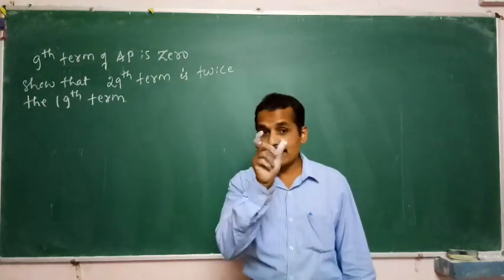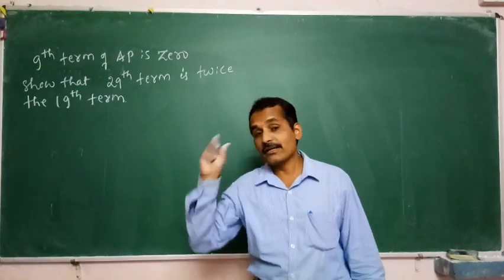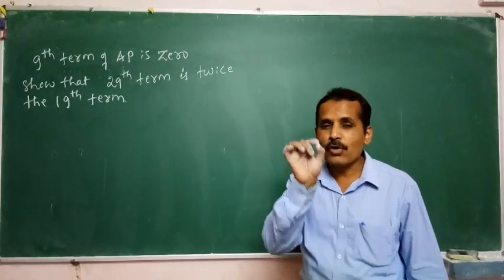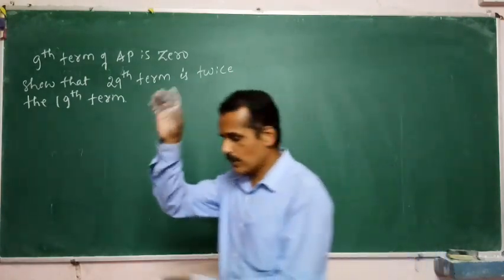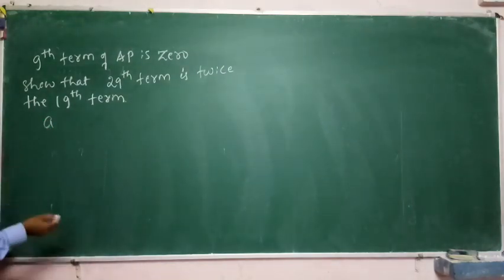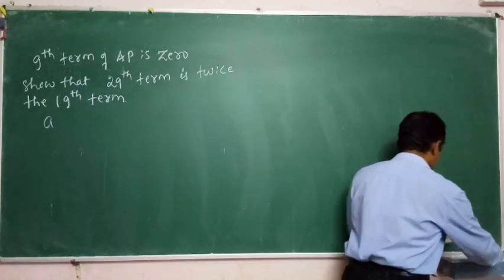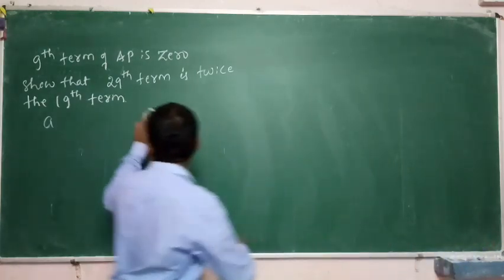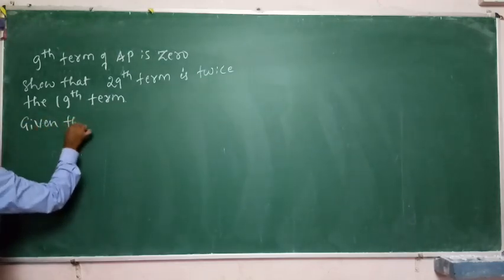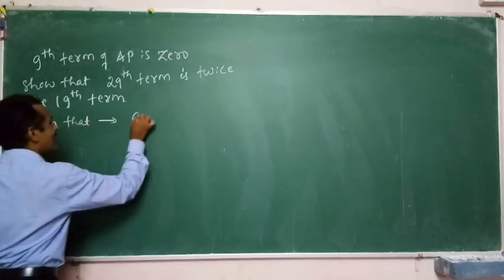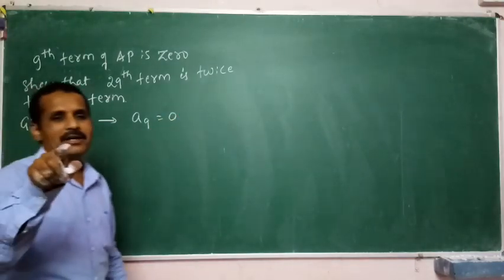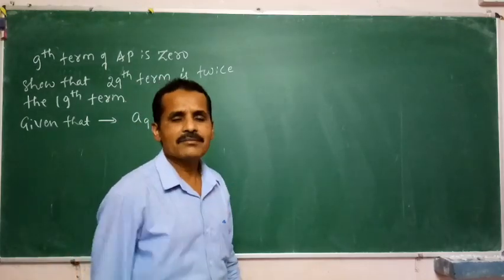The symbolic ways you can understand. 9th term of AP is 0. That means symbolically A9 is equal to 0. Let me write it more clearly. Given that A9 is equal to 0, right? You know very well what is A9.